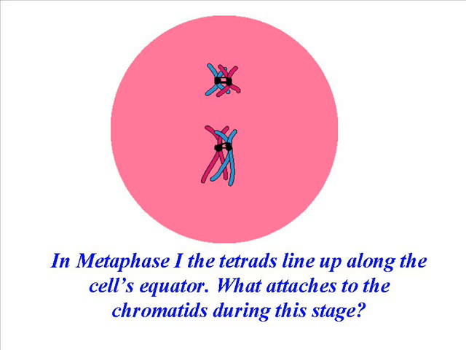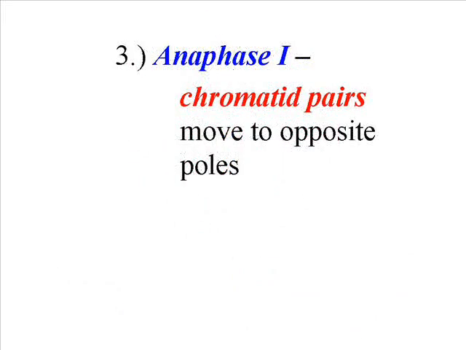Spindle fibers will permit this movement to occur, and once the various chromatids and tetrads are lined up along that equator of the cell, then metaphase will have drawn to a close. And you can see this in this next picture, which illustrates the fact that, again, those chromatids remain in these crossed over pairs. So they're still in groups of 4 chromosomes.